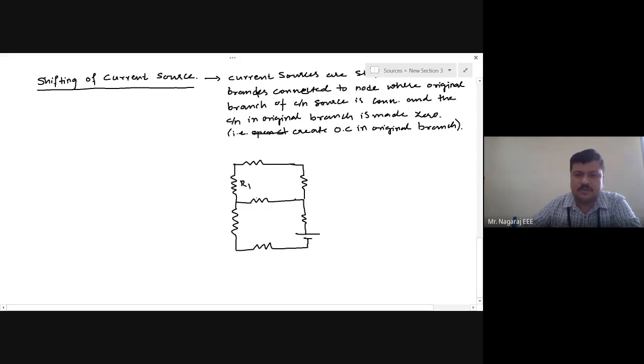Let this be R1, R2, R3, R4, R5, R6, R7, and say V. And I have a current source here.